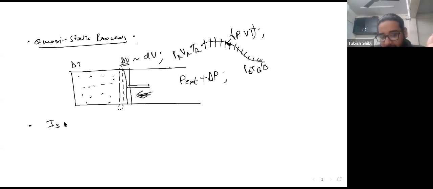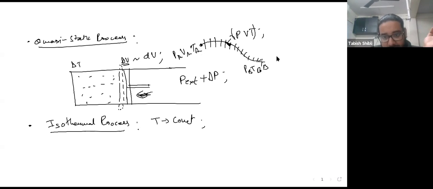First of all, if we put temperature to constant, we call it an isothermal process. If I'm going from a point to another point such that my temperature is a constant, in that case, I'll call it an isothermal process. If I keep the pressure as constant, what will I call it?